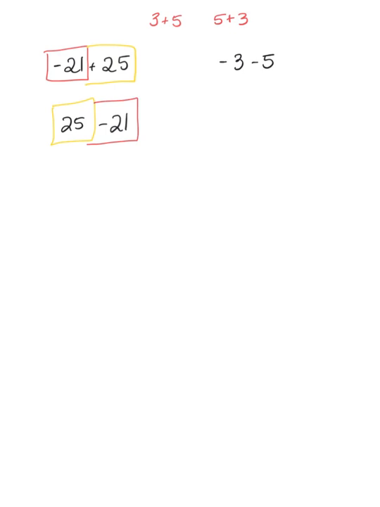I want to take that a little bit farther, because something else that you're going to be seeing a lot of are parentheses. We're going to be using them a lot. Sometimes they have a very important function, sometimes not so much. So what I mean by that is I could write my positive 25, and I could show that I want to add it to a negative 21.